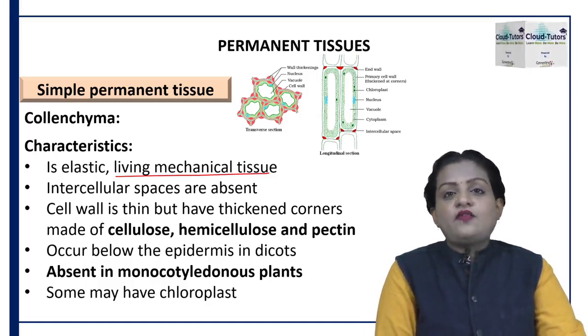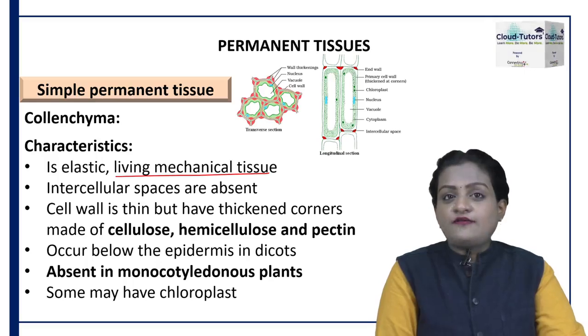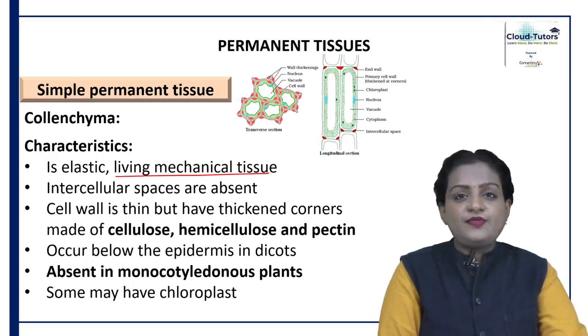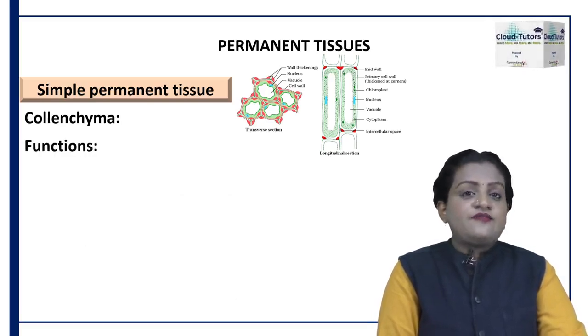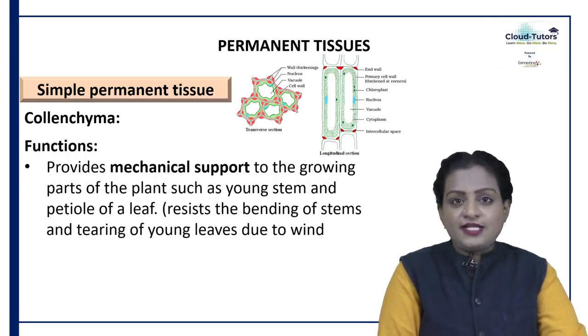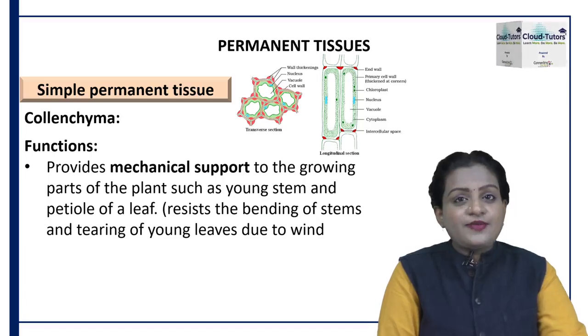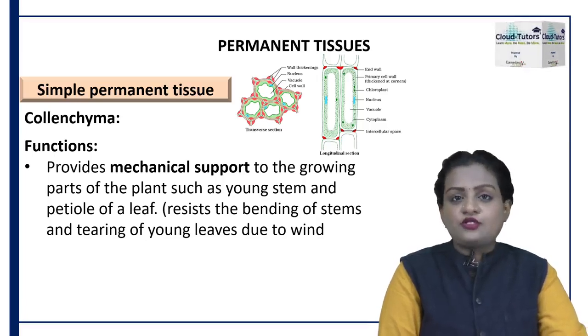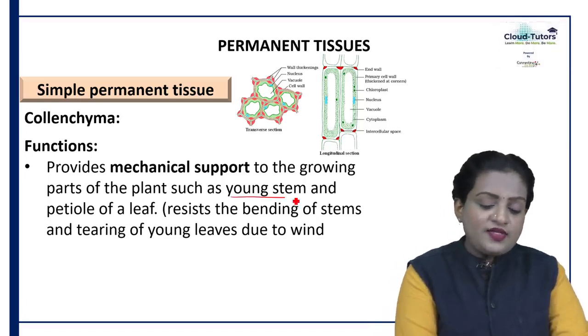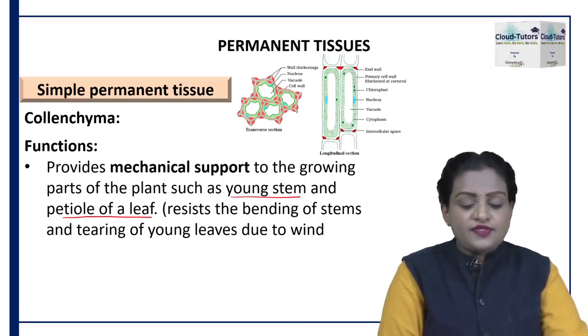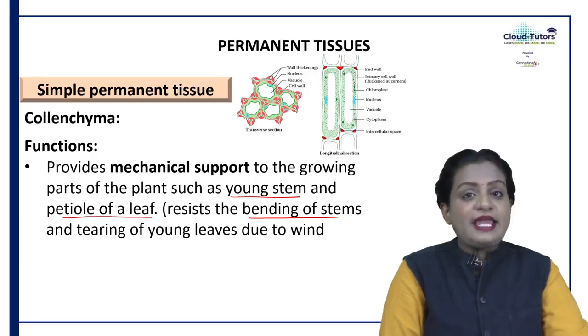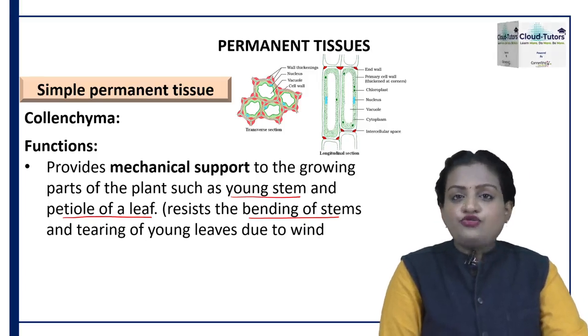Now some of the collenchyma cells can also have chloroplast. In that case, they help in photosynthesis. Now if you see functions, first function, as I told, is major function mechanical support to the growing parts of the plant, such as young stem and petiole of leaf. It helps to resist bending of the stem and tearing of young leaves due to wind.